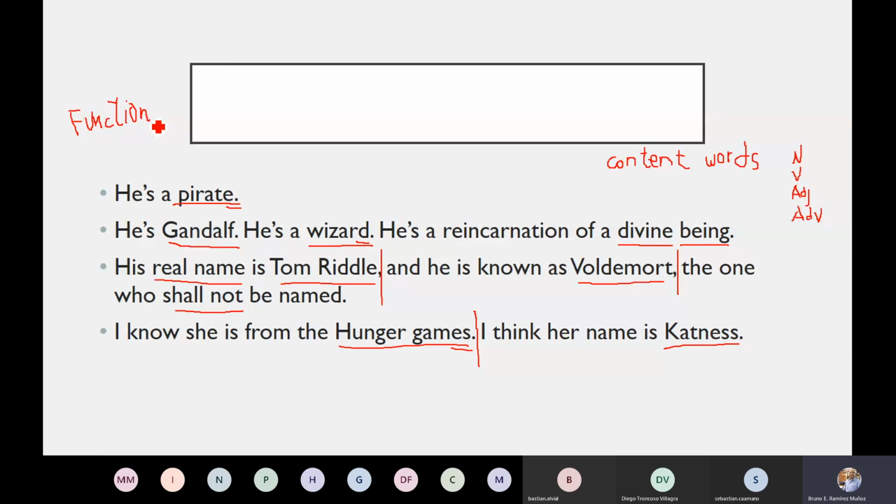Does, okay? Function words. Can you open the window, please? Can. All right? Those are function words. We're going to have a list of which are the function words and which are the content words. But in general, function words or grammar words are unstressed, whereas content words are stressed.